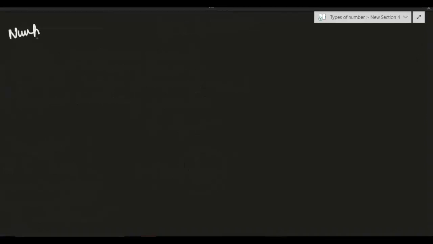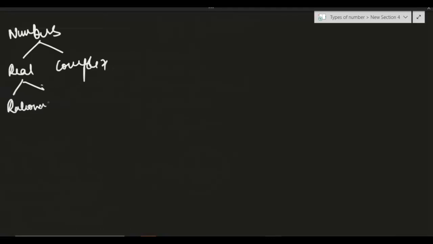Now we should understand how many types of numbers there are. At least till middle school you should be acquainted with these numbers. Numbers can be categorized into real numbers and complex numbers. We will not study complex numbers in detail right now, otherwise it will become very lengthy. Real numbers again can be categorized into rational and irrational numbers, which we already understood some time back.